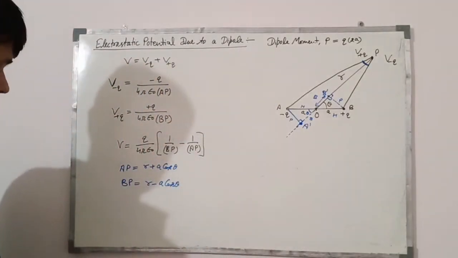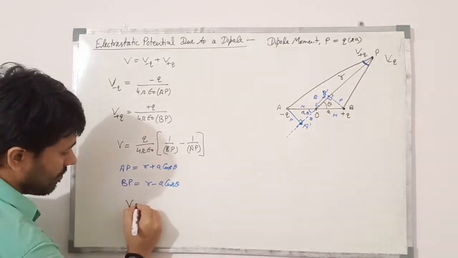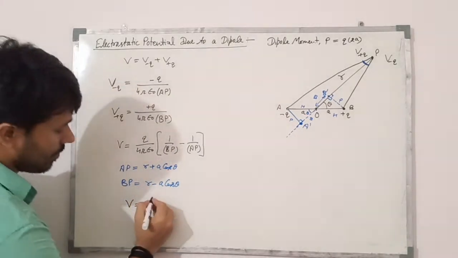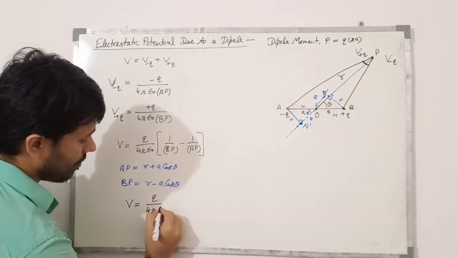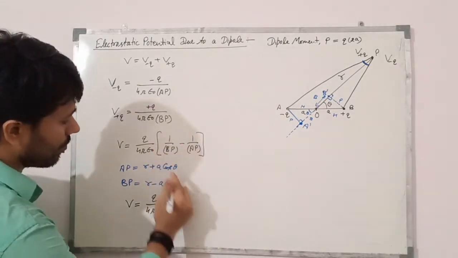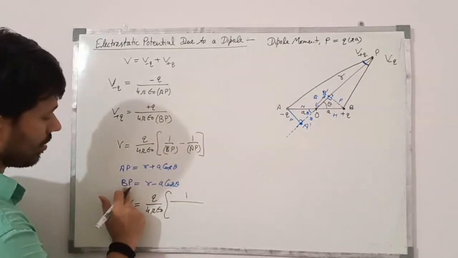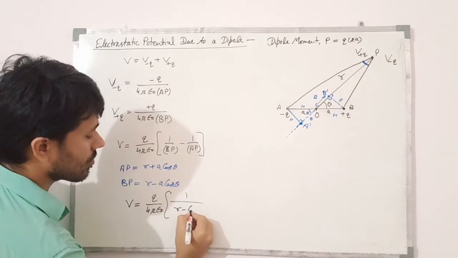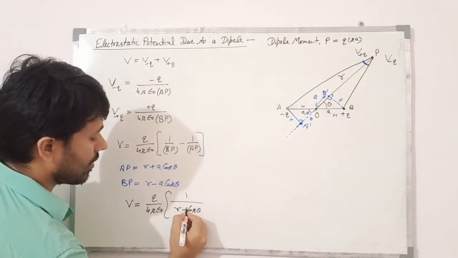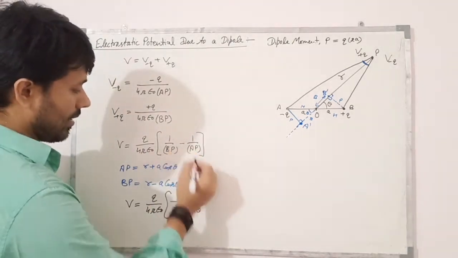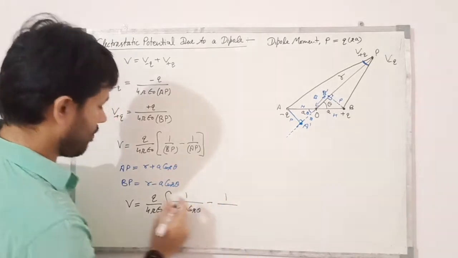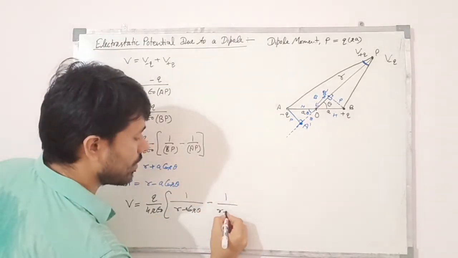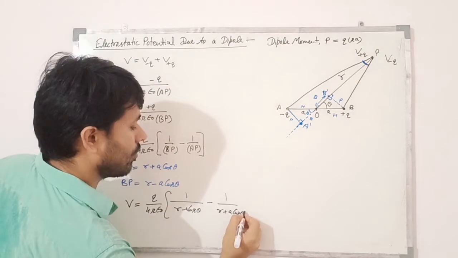Right? So now our equation becomes: potential is equal to Q upon 4 pi epsilon naught, 1 upon BP, means 1 upon R minus A cos theta, and negative of 1 upon AP, R plus A cos theta.